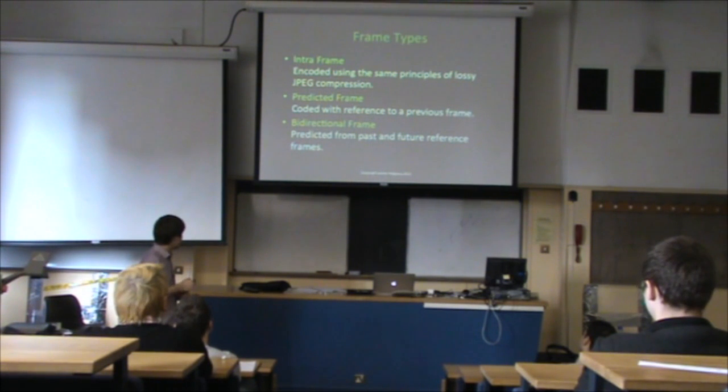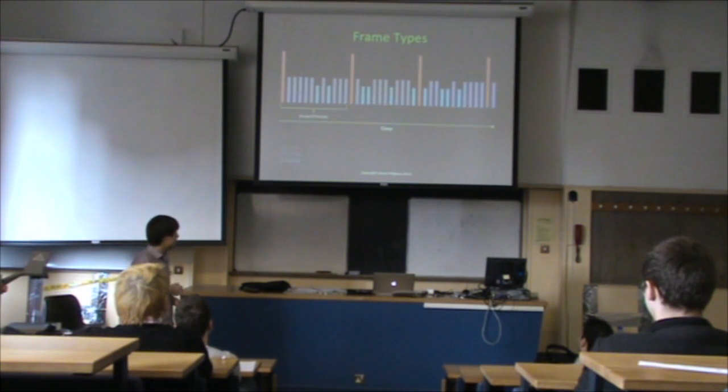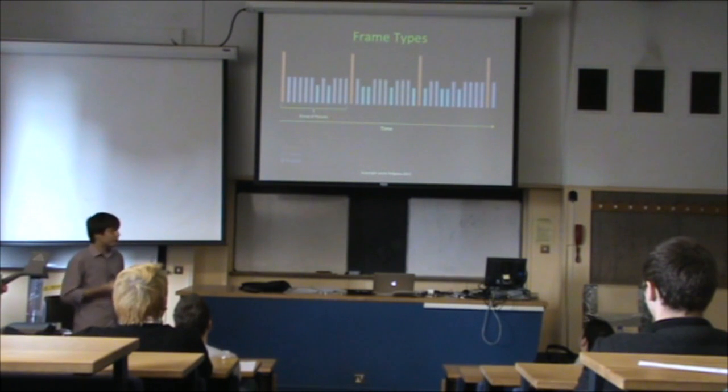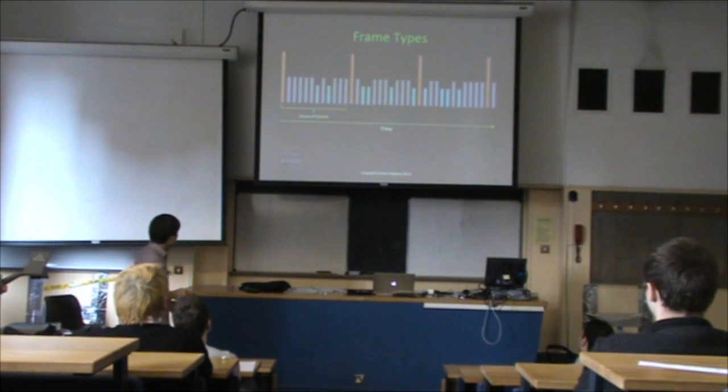And you'll see how the size of these representations varies as per this illustration. Again, this is really just to illustrate the concept. The height of these things has no technical accuracy. But the thing to note is that I'm using red for I-frames, purple for P-frames, and blue for B-frames.